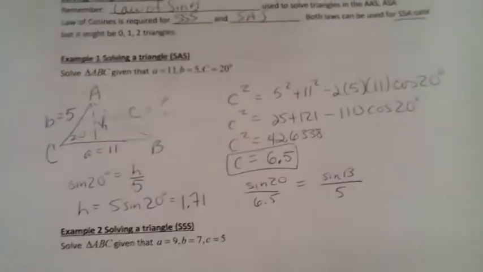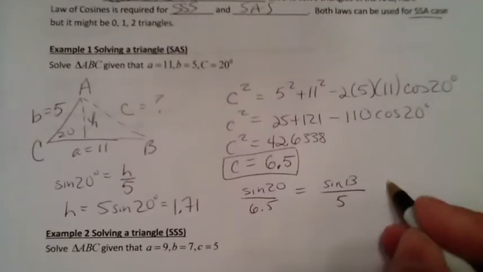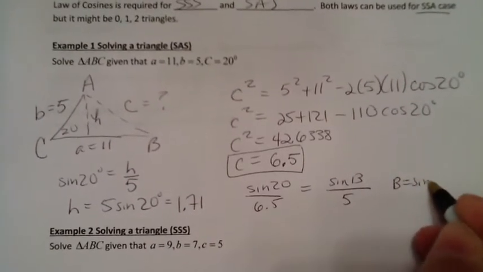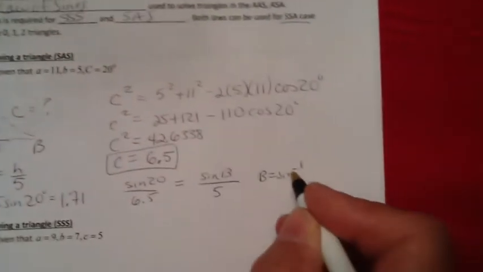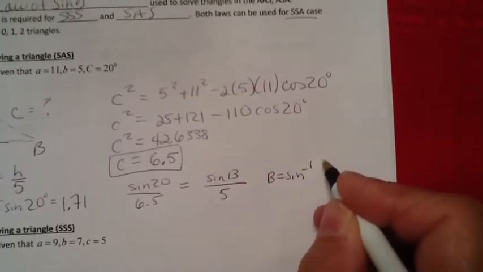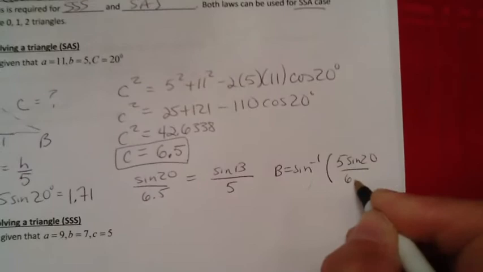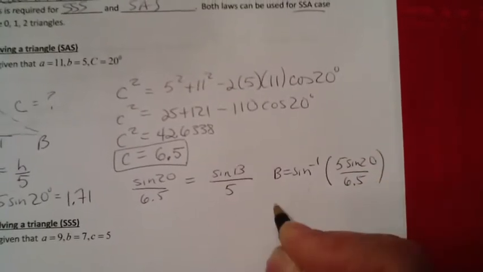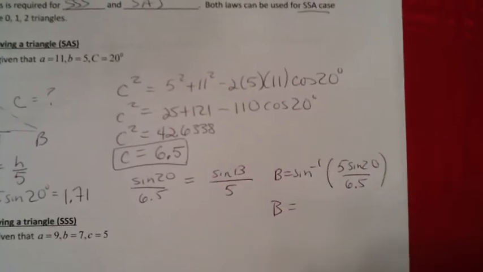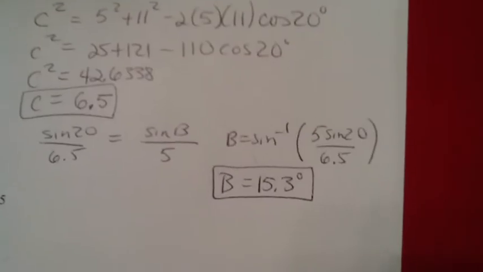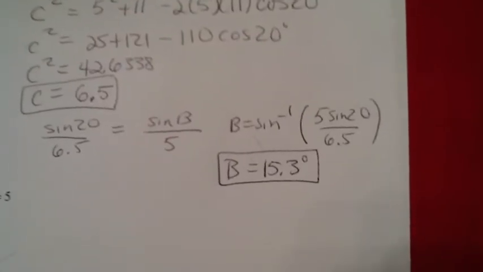Now I cross multiply, and since I'm looking for an angle, I want to put B is the inverse sine of 5 times the sine of 20 divided by 6.5.